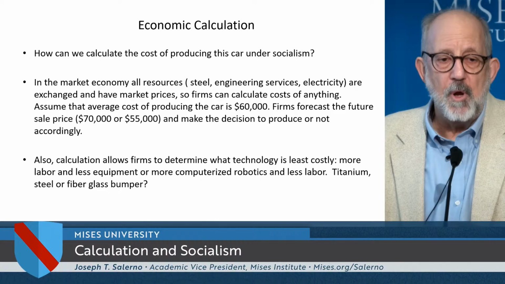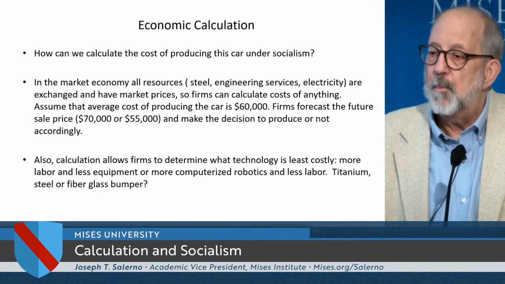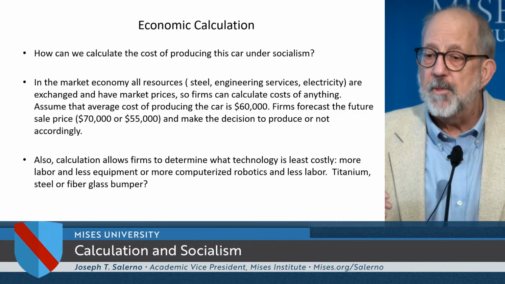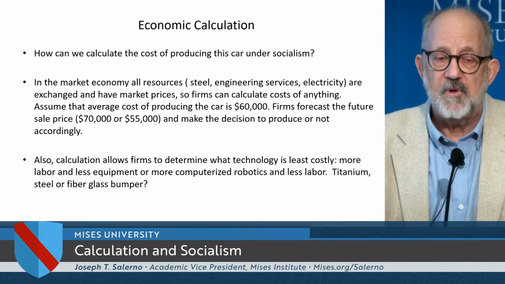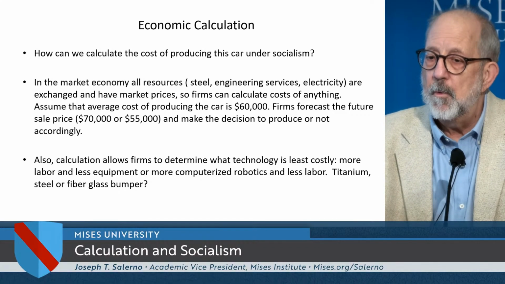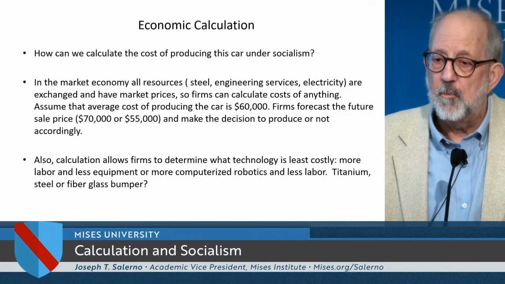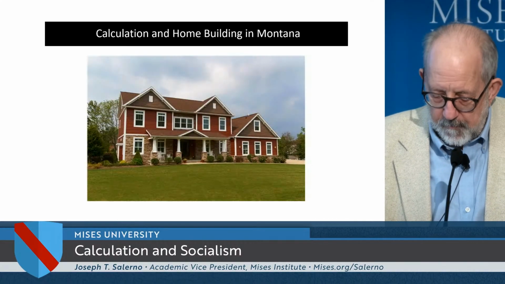Should we use more labor and less capital, or more capital? They wouldn't know what to do. And beyond that, they wouldn't know whether to produce 20,000 of these cars or 2 million bicycles. Assuming they use the same resources, they wouldn't know which was more valuable to consumers, because they can't calculate the costs and the revenues.